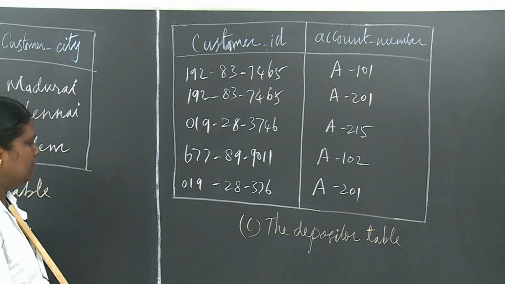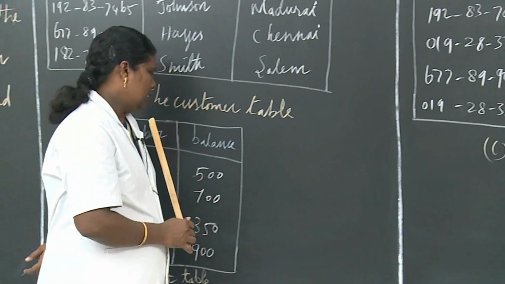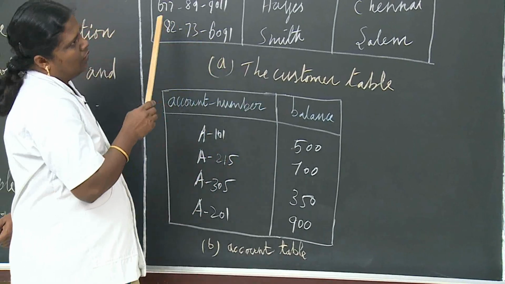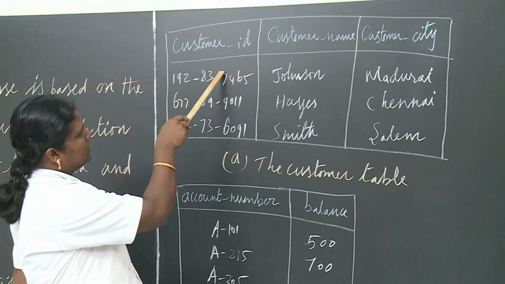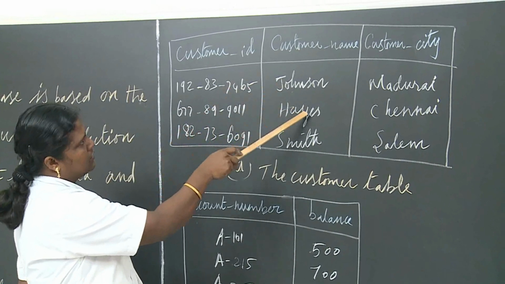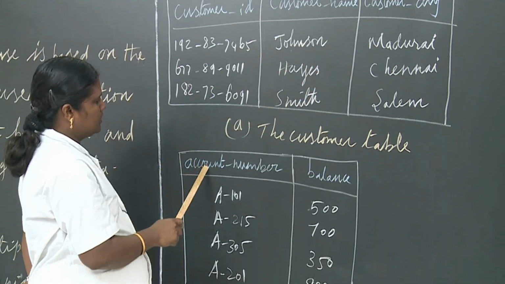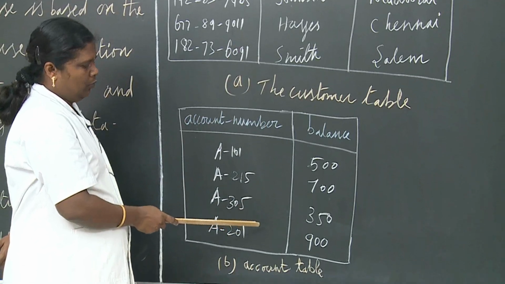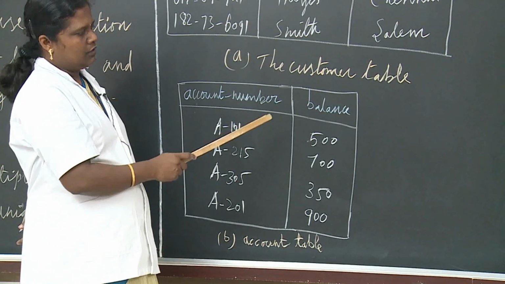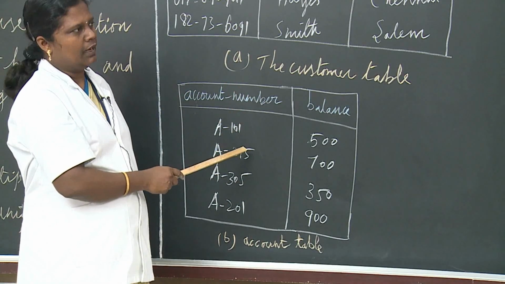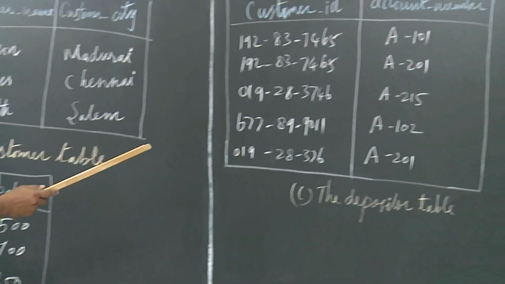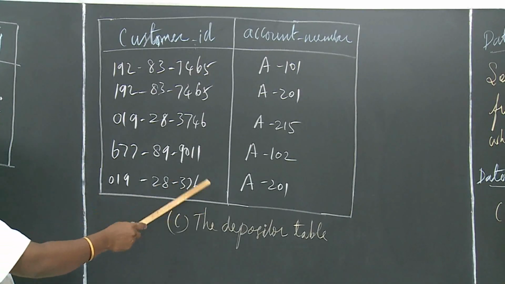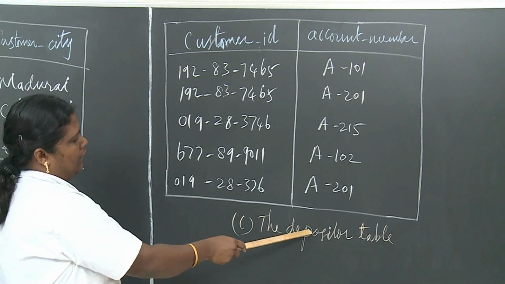While considering these three tables, the first table includes customer ID, customer name, and customer city. The second one is account number and balance. These two relations are combined, finally giving the third table, the depositor table.